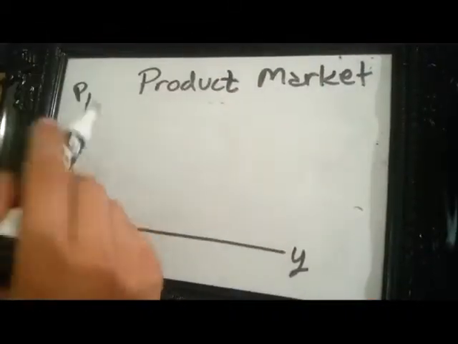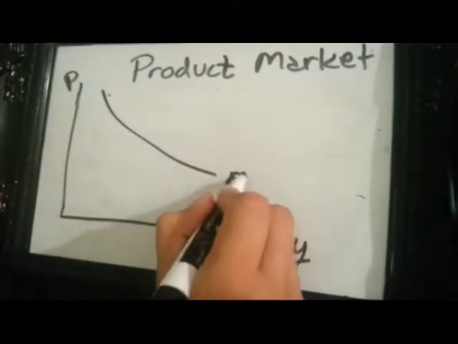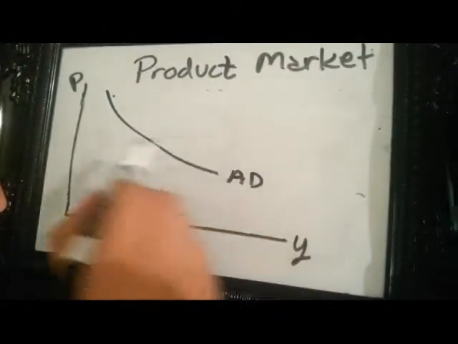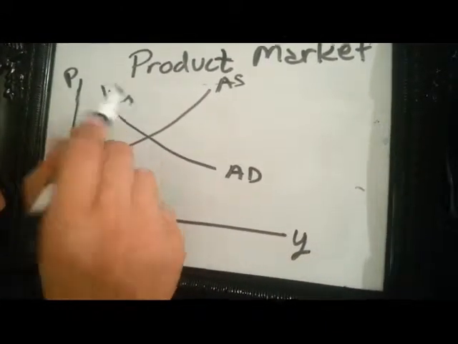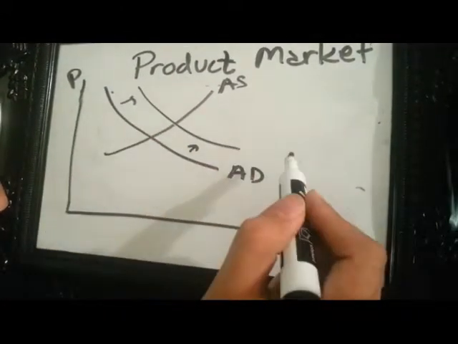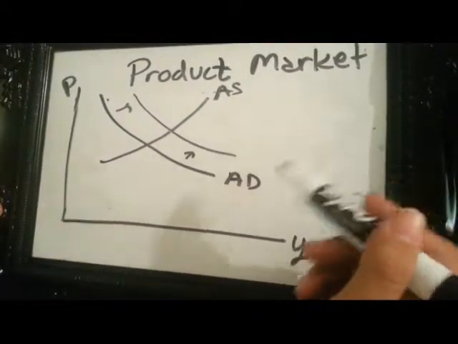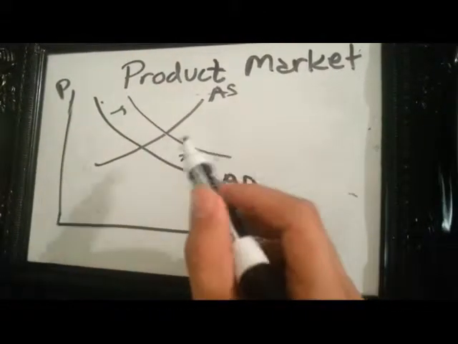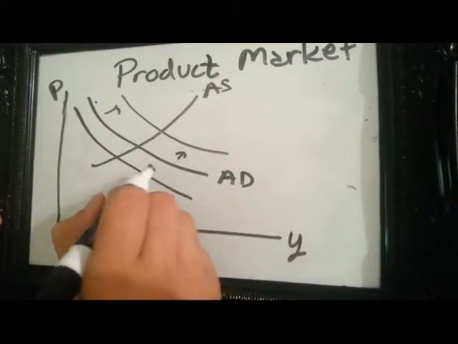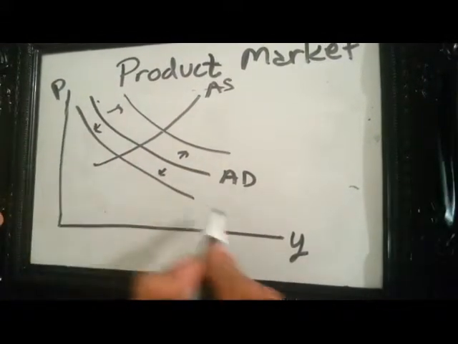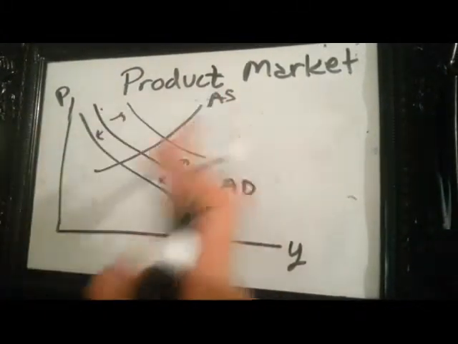in relation to the money market, we are primarily concerned with the movement of aggregate demand. So here we have aggregate supply. We are more concerned with either shifting demand out and lowering the interest rate, making it easier for consumers to get loans from banks, or we can increase the interest rate, effectively decreasing aggregate demand and making it harder to get a loan.